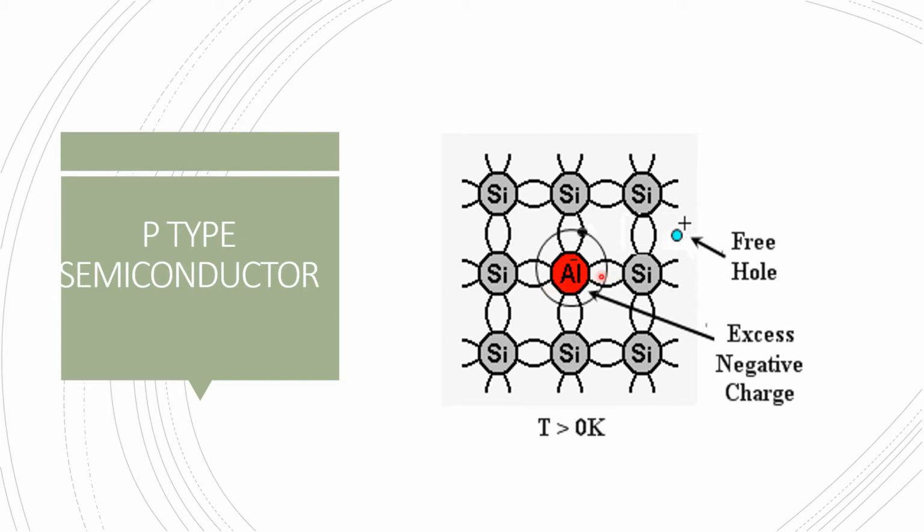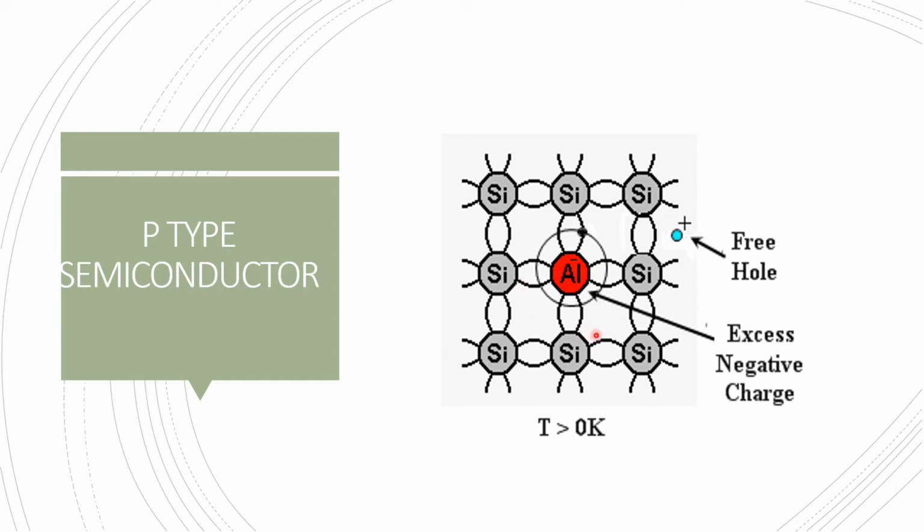One may get shared with this, one may get shared with this, and another may get shared with this. Means these 3 electrons form covalent bonds with the neighboring atoms, and one covalent bond around each aluminium atom has an electron missing.